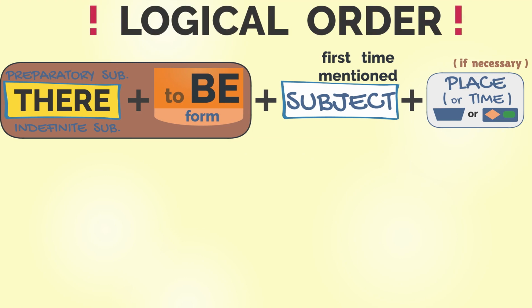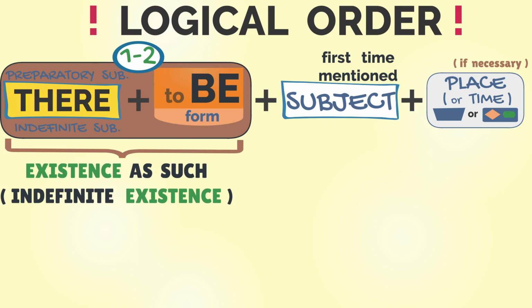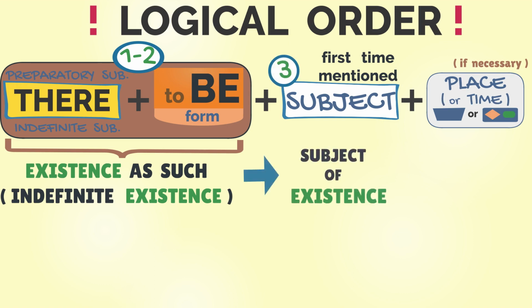The logical order corresponds to the word order. First of all, the fact of existence, as such, is placed: there plus to be. This is the indefinite existence, when the subject that exists is unknown. Only further, we inform about the subject of existence.